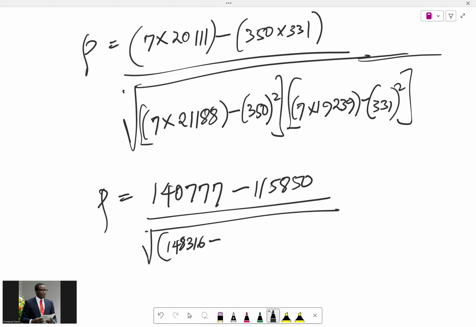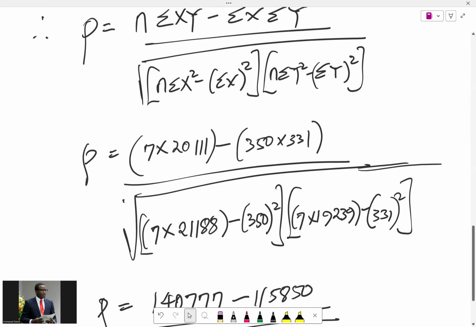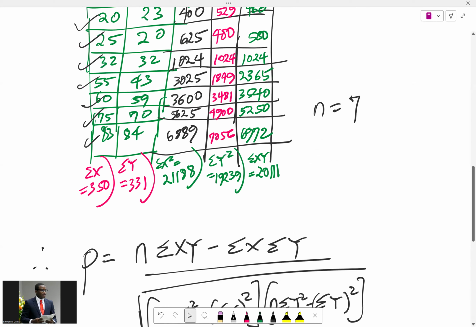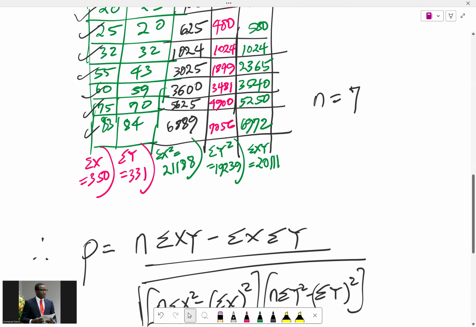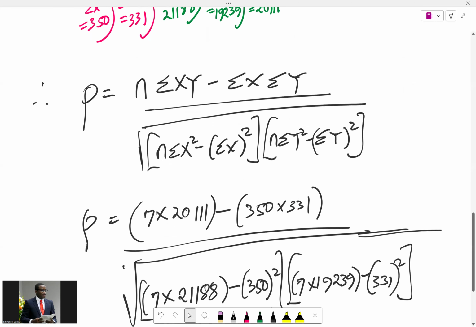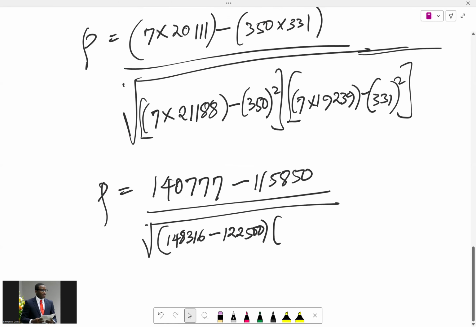That is 122,500. Into 7 times 19,239. 7 times 19,239 is 134,673, minus 331 squared. That's 109,561.